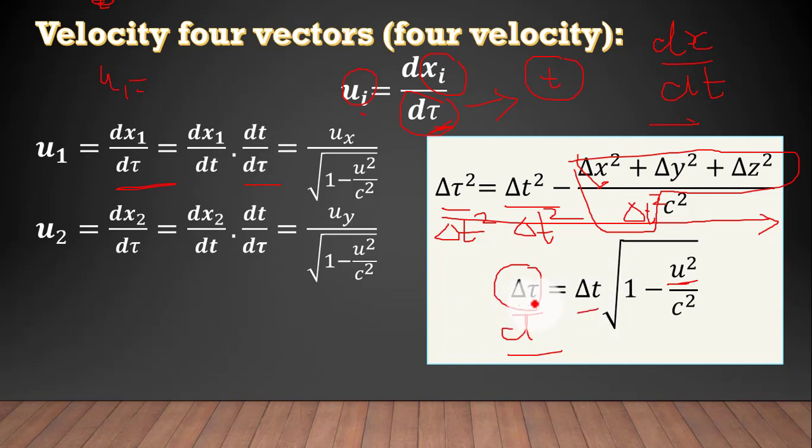As you know, d tau is equal to dt into the square root of 1 minus u square over c square. So dt over d tau will be: d tau is going to come over here, and this term is going to go over here. So dt over d tau will be 1 upon the square root of 1 minus u square over c square.